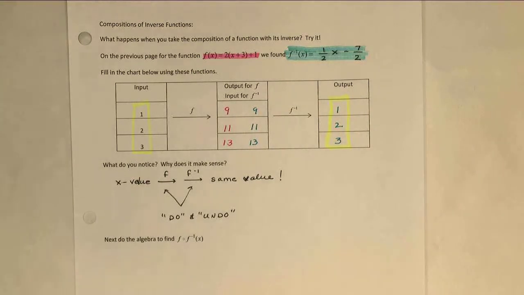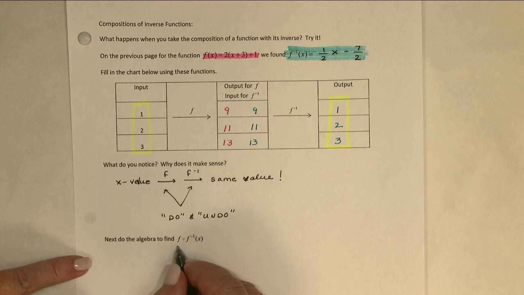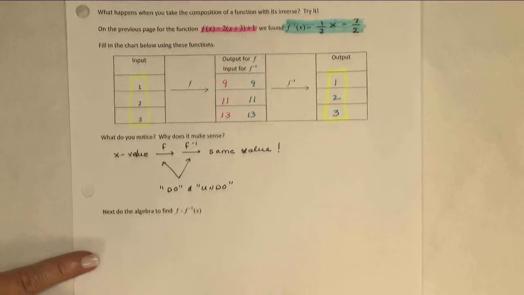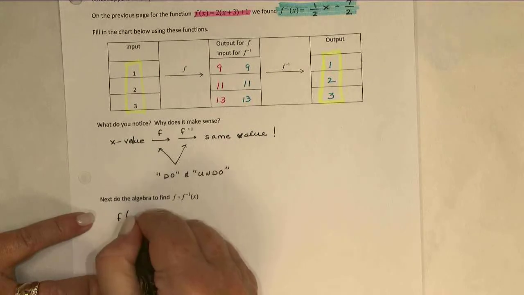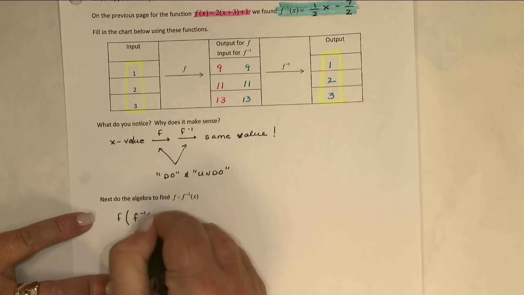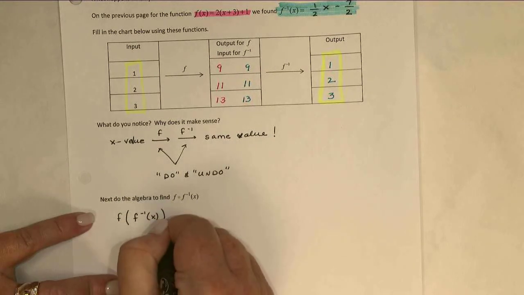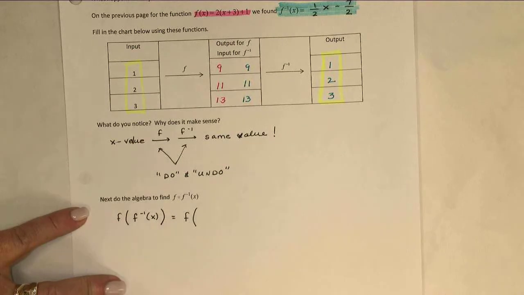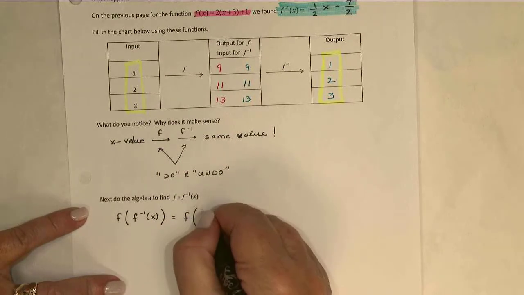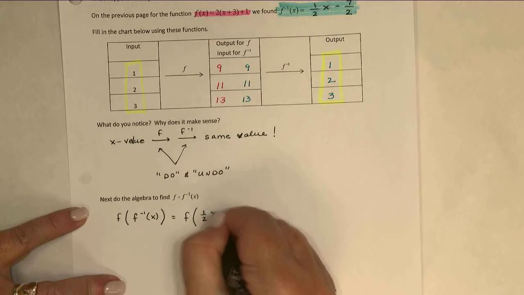I think we can. If I would like to find f composed with f inverse of x, that would be f of f inverse of x, or f of 1/2 x minus 7/2.